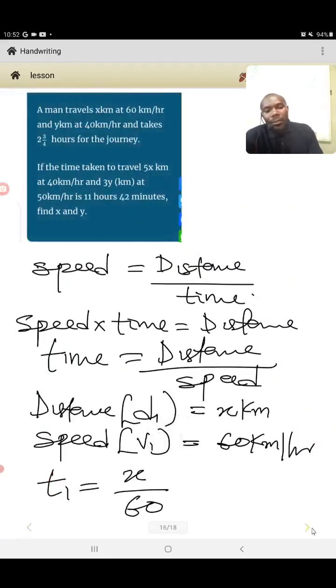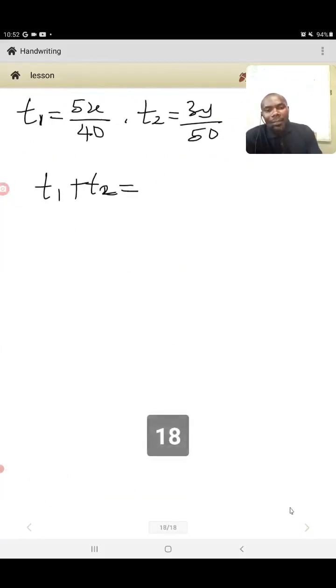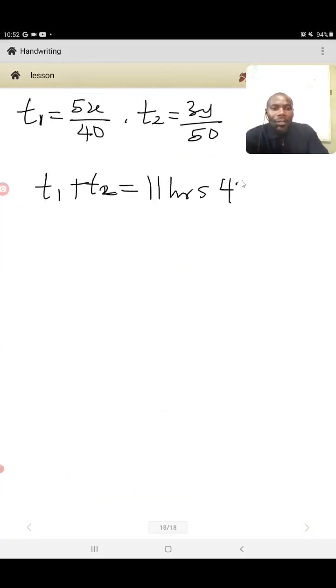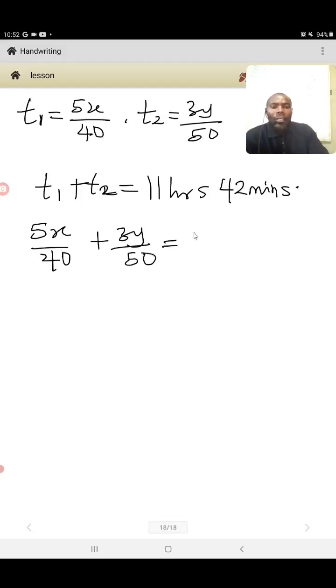So your T1, 5x over 40, plus 3y over 50 is equal to 11 and 42 over 60.